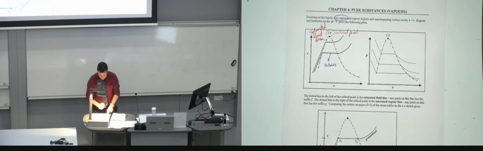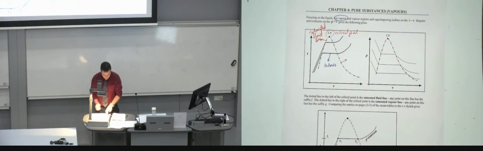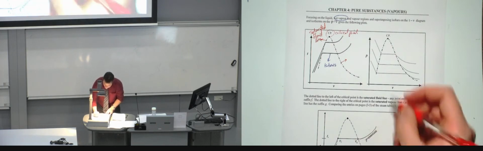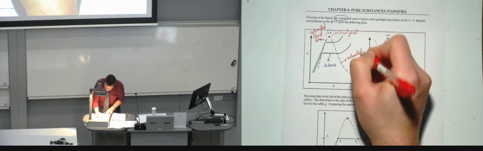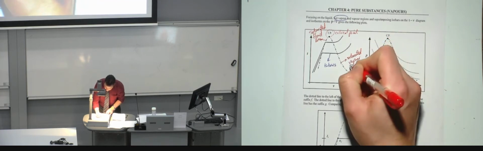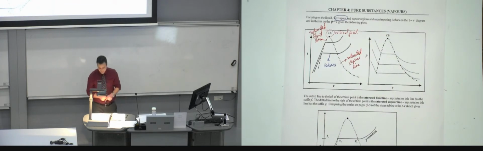And of course, we use the subscript f on this line, as I mentioned earlier. This line, on the right-hand side of the critical point, is the saturated vapor line, and of course we use subscript v to indicate that.